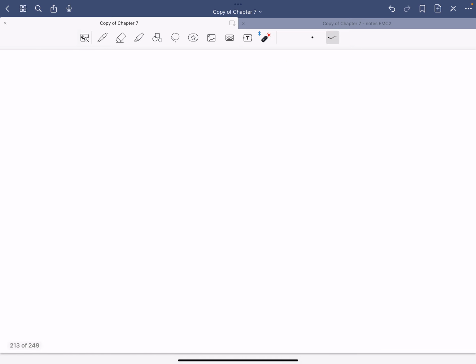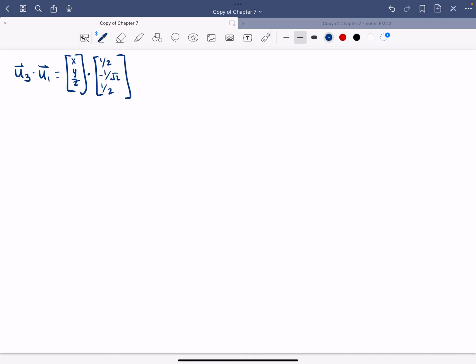So let's go ahead and do that. u3 dot u1 is x, y, z dot u1, and the u1 we had was 1/2, negative 1 over rad 2, 1/2. And so this gives us 1/2 x minus 1 over rad 2 y plus 1/2 z equals 0.